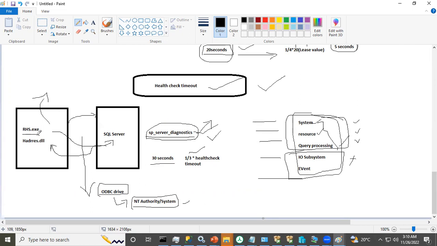If it is 0, then you take action. If it is 1, then we are good. If it is 0, then RHS.exe notifies the Windows cluster to fail over the availability group, or whatever resource we have, and it will fail over.